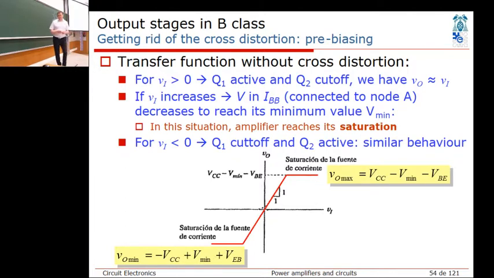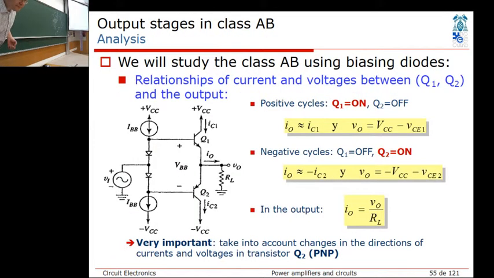Okay. Since we have a linear amplifier. Relationships of using biasing diodes. All right.